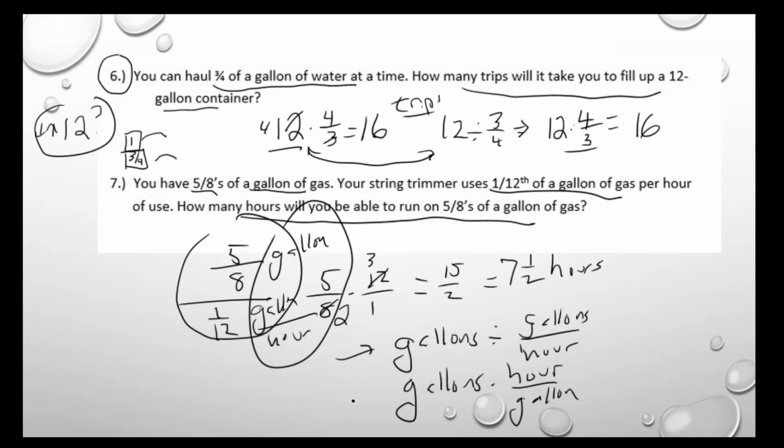Division is the same thing as multiplying by the inverse. Gallons cancel and you get hours. So that's how you can figure that out. These are tricky. There are a lot of ways to do it.